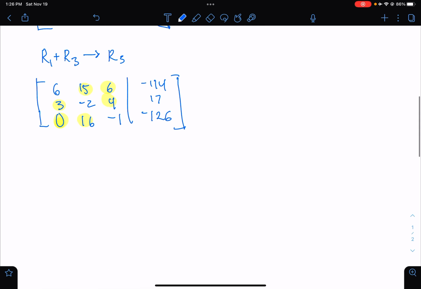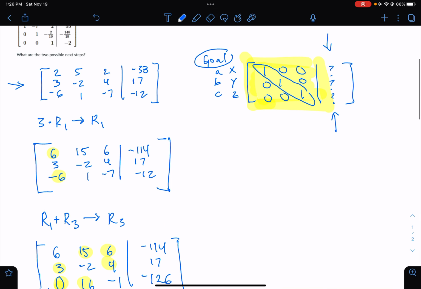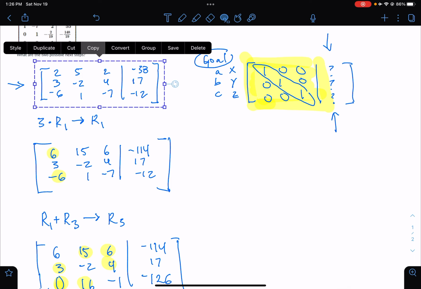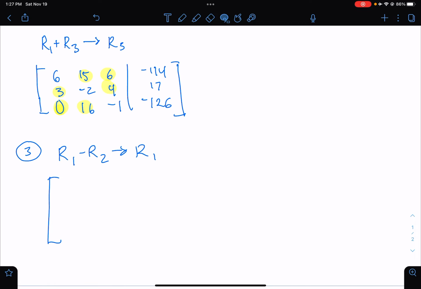So for number 3 here, row 1 minus row 2 to equal row 1. So I'm just going to copy and paste the original here.